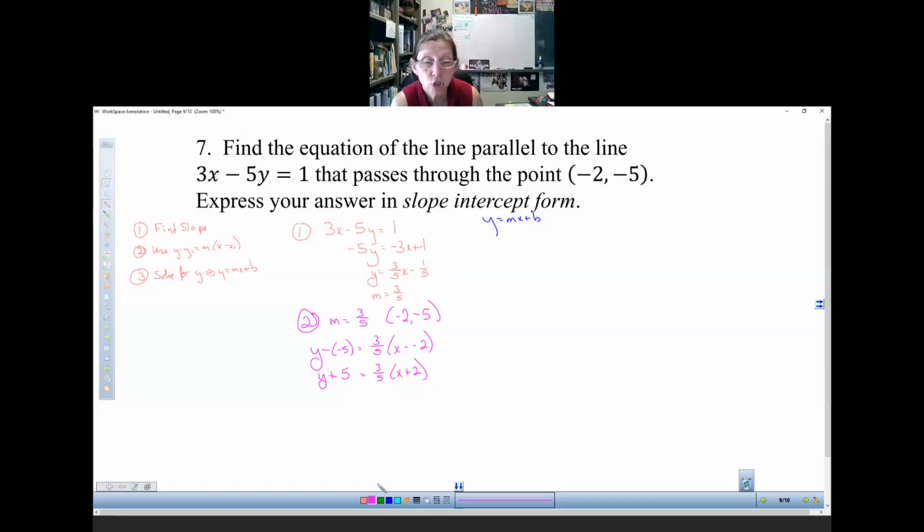I'm going to multiply through by my denominator of 5. So 5 times y plus 5 equals 3/5 times x plus 2. Multiplying the whole thing by 5, I get 5y plus 25 is equal to 3 times x plus 2, right?